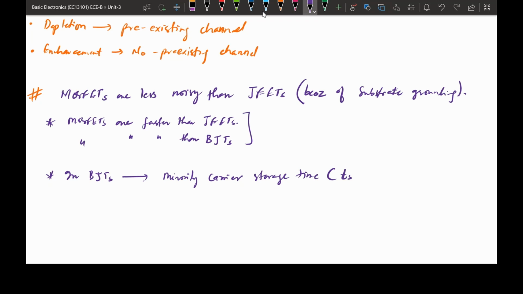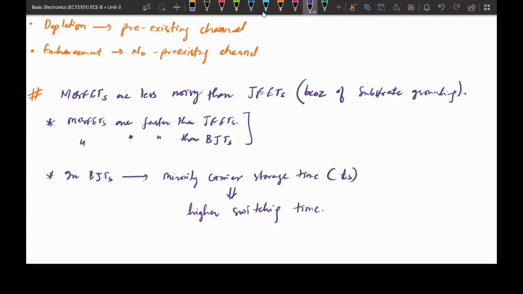Because of the minority carriers, there is a minority carrier storage time. So this basically results in higher switching time. Higher switching time means it will take a large time to switch between 0 or 1, or between changing states. This BJT requires larger switching time.